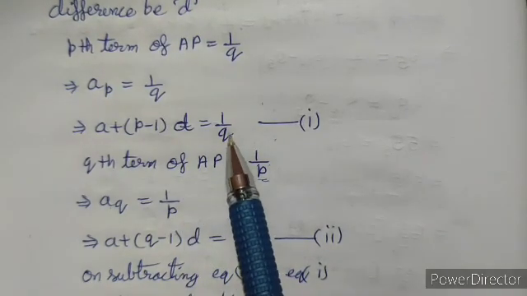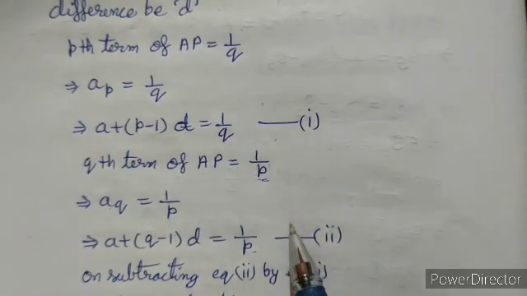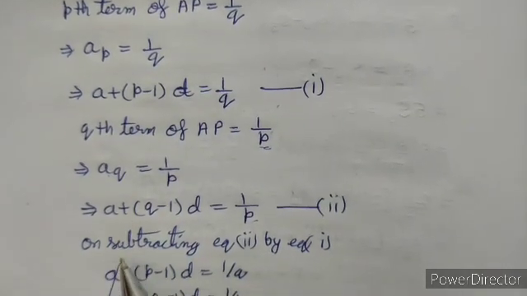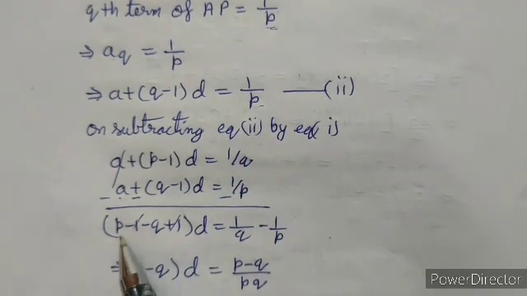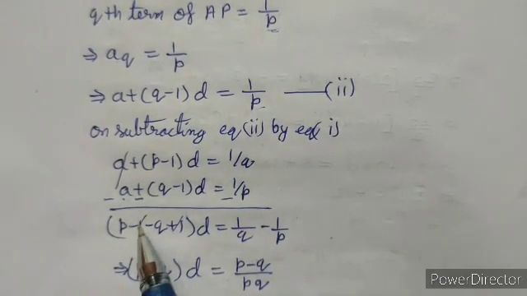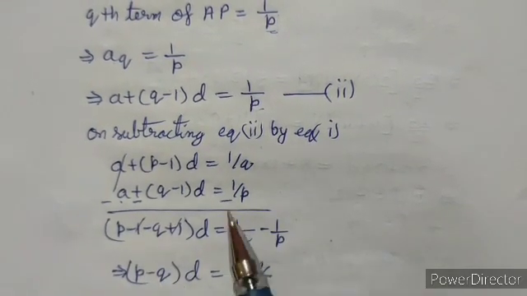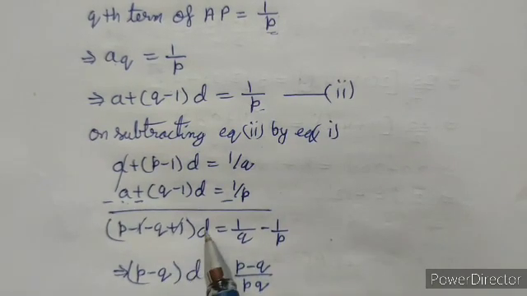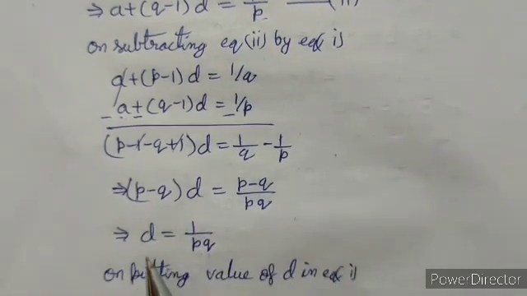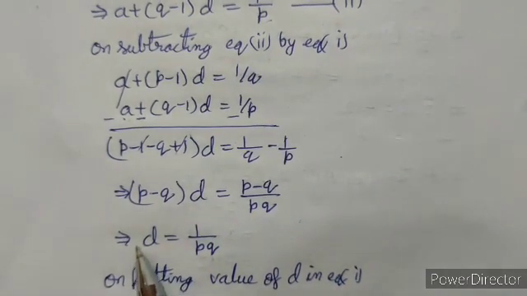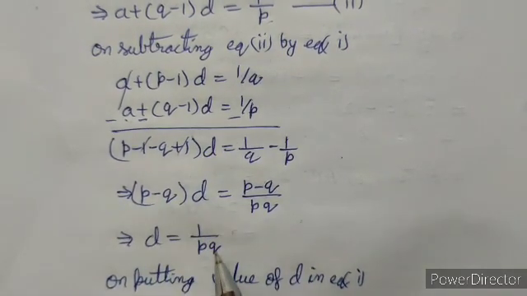Now on subtracting the second equation from the first, a will be eliminated, and that will give us (p minus 1 minus q plus 1) d equal to 1 upon q minus 1 upon p, which on solving will give us the value of d as 1 upon pq.